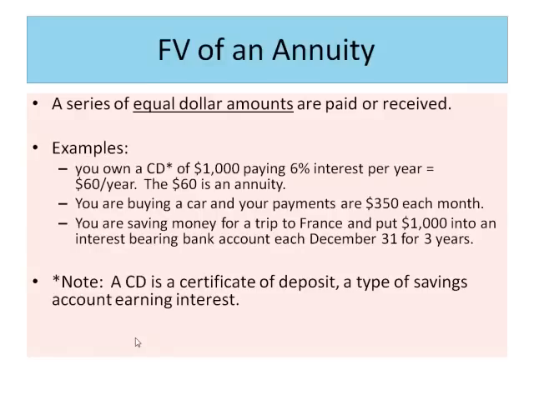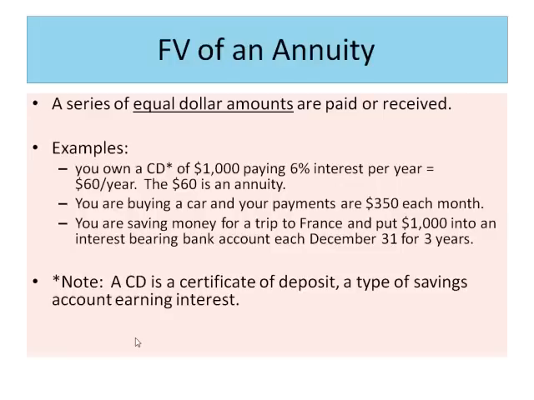Or you could say you're buying a house and your payments are $1,000 or $1,500 a month. Let's say you are saving money because you want to go to France after you graduate from the university. So every year you put $1,000 into an interest-bearing bank account on December 31st. You're going to do that every year for 3 years. 2011, 2012, 2013.